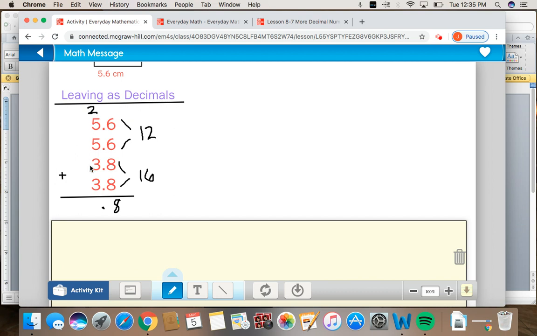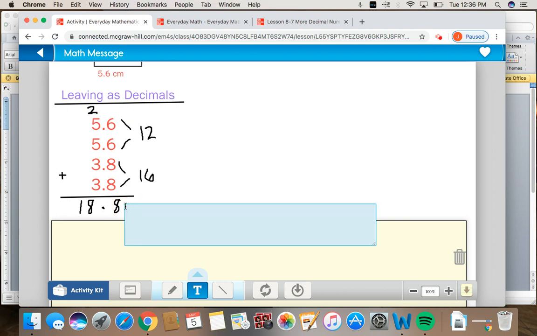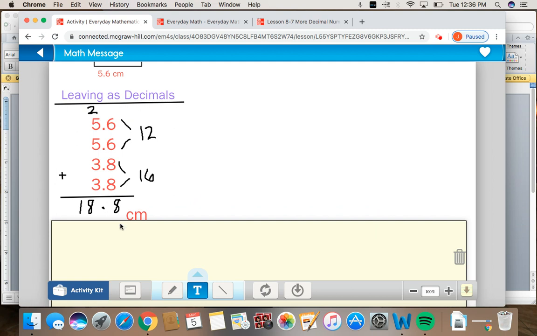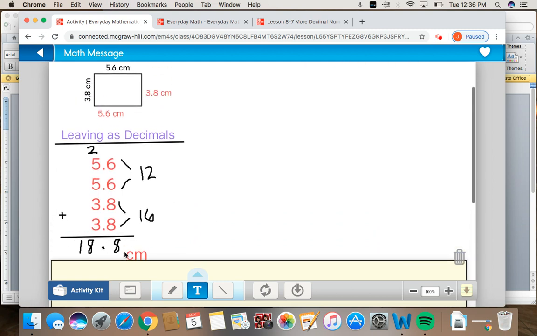Now I'm going to add up these digits. I know 5 plus 5 is 10. 10 plus another 6 is 16, plus this 2 up top gives me 18. So for my answer, I get 18 and 8 tenths centimeters. That's the answer I got, leaving it as decimals.